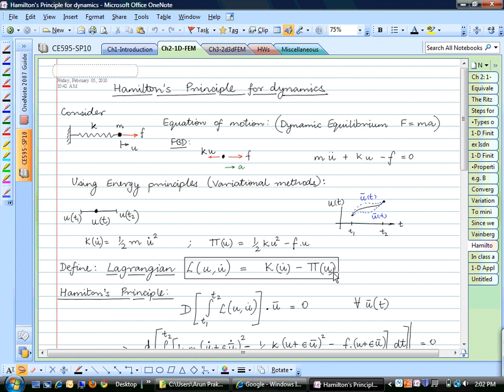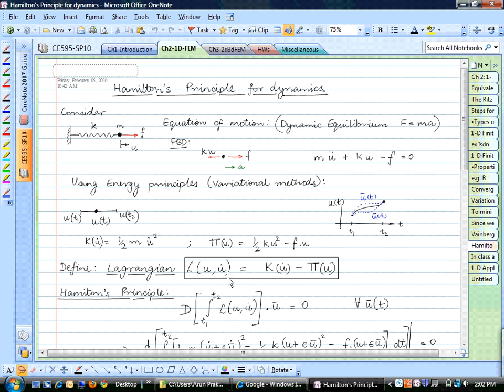This is a little bit weird, because the total energy stored in the system is kinetic energy plus potential energy, and that is a different dynamic quantity called a Hamiltonian. But just to be consistent with your book by Reddy, most people also follow this Lagrangian formulation.